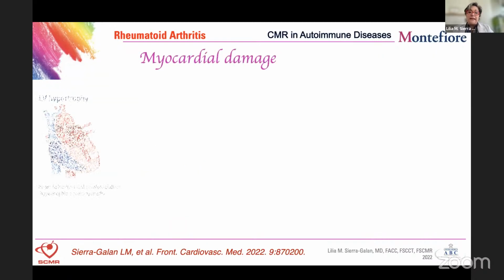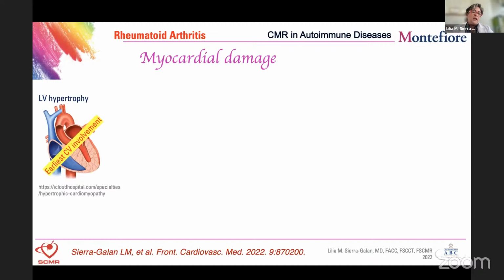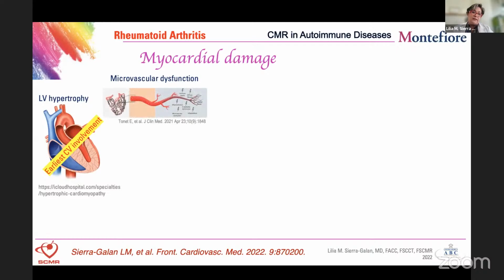Then the myocardial damage. These patients characteristically have left ventricular hypertrophy, which is interestingly the earliest cardiovascular involvement finding.